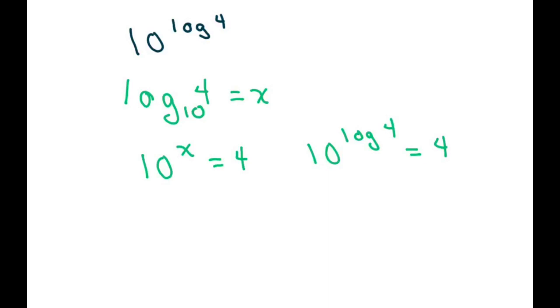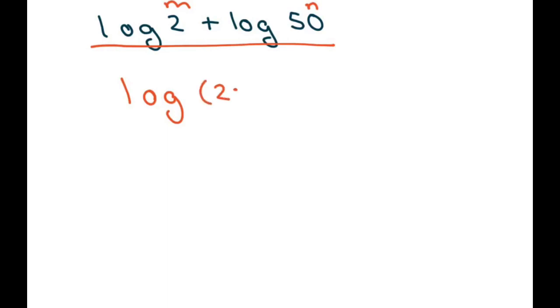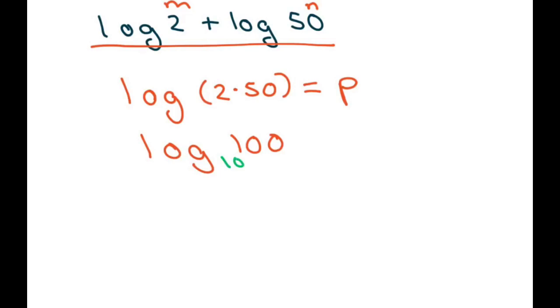Okay, next one. This one, I'm going to condense and write as a single log using my product property. This is m and this is n. I can multiply my m times n. So that's going to be 2 times 50. And again, we're looking for our power. So we have log 100. Now again, since there's not a base, that means it's base 10. So I'm going to write this as log base 10.